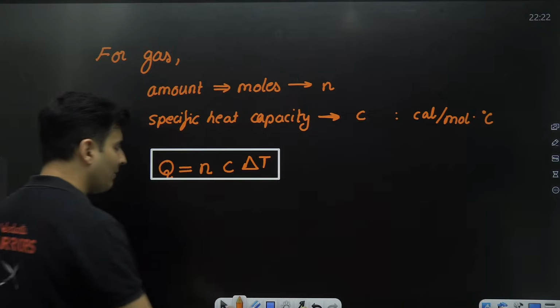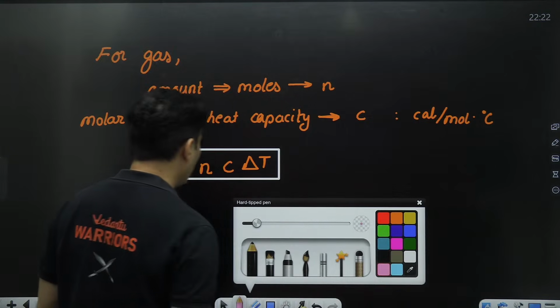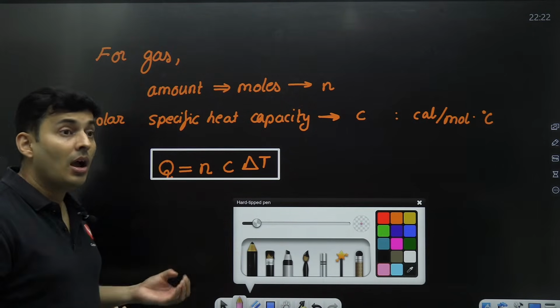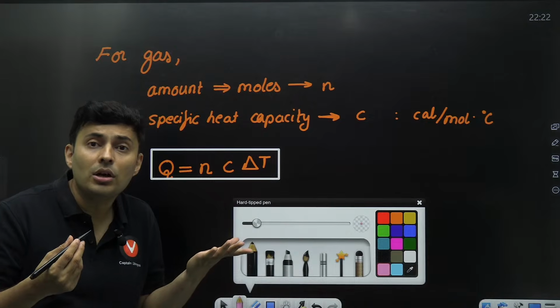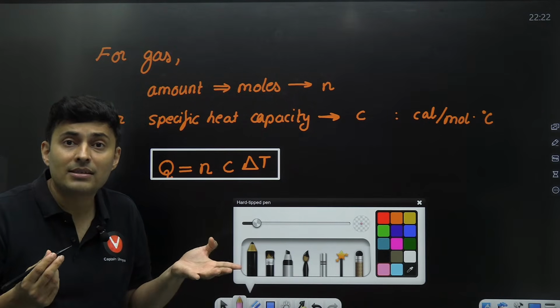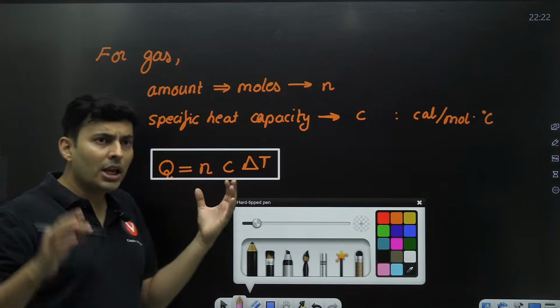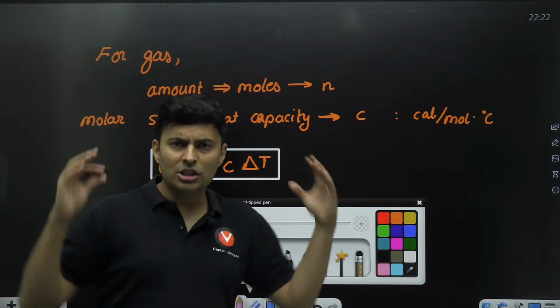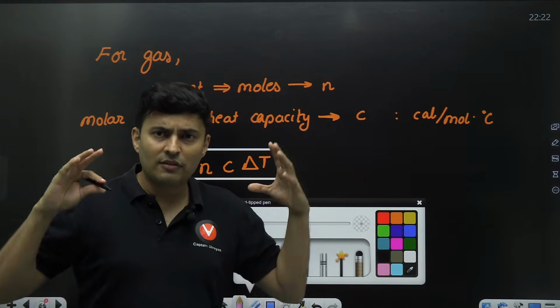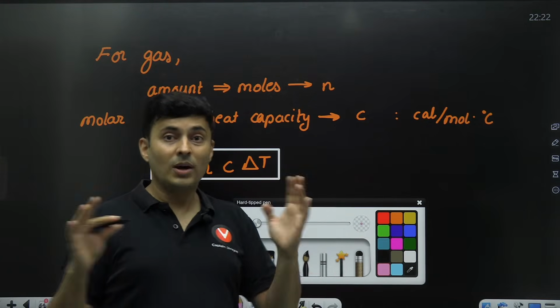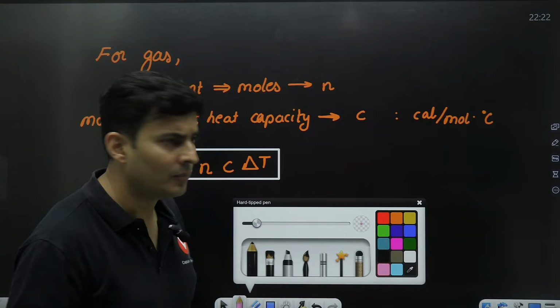Now, the interesting part is that this value of C depends on how you are heating it. Imagine you are taking that gas, you have put it in a chamber, and the chamber is rigid. So you are not allowing it to change the volume.